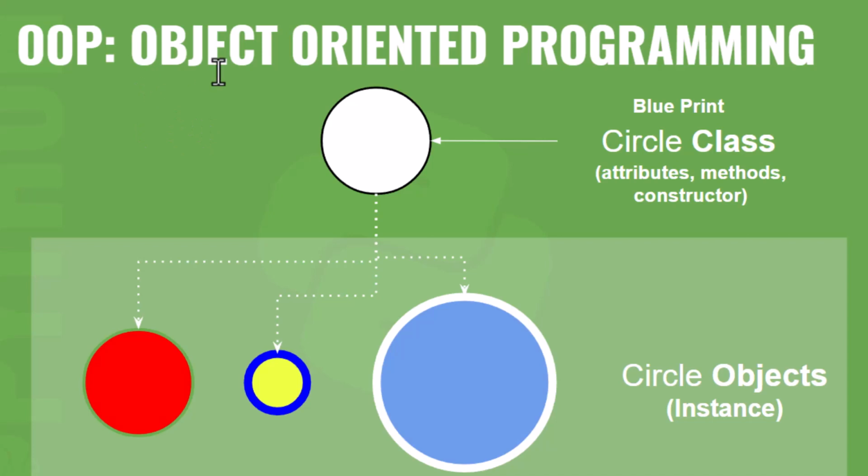Object-oriented programming comes down to basically a way of organizing code, and you can organize it in these things called classes. In this example, we have a regular circle, which is called the circle class, and we consider this a blueprint, like blueprints for houses.